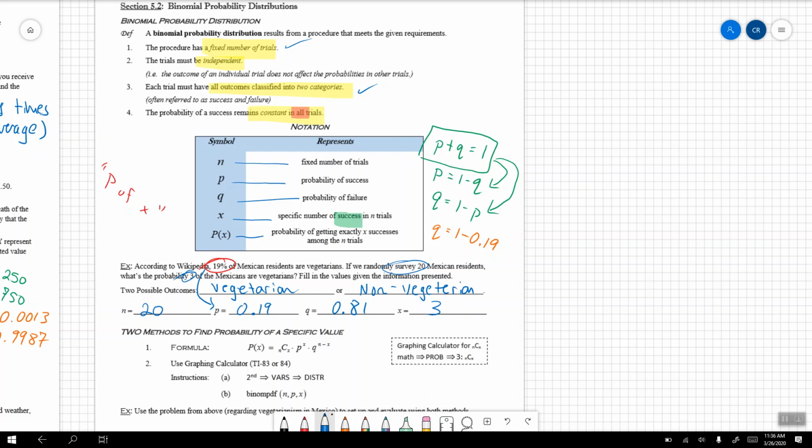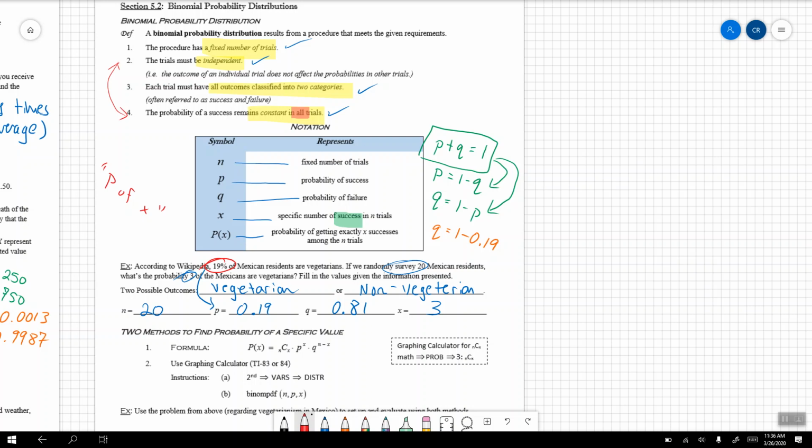The answer is more than likely no, it's not going to be affected, which means that they are independent. And because they are independent, the probability of success is going to remain constant in all of these trials. So I kind of see number 2 and number 4 as being fluid with one another. We can use those interchangeably, which is going to be really good.